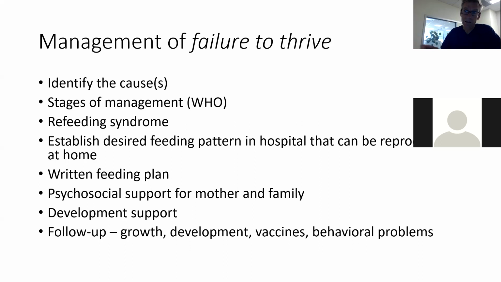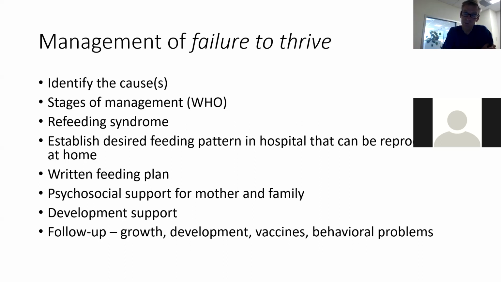And then for children with severe malnutrition, we need to establish a feeding pattern in hospital that can be reproduced at home. So it's pointless feeding them only hospital-based food, but important to try to understand what the parents can do at home and try to reproduce that in hospital if you can.